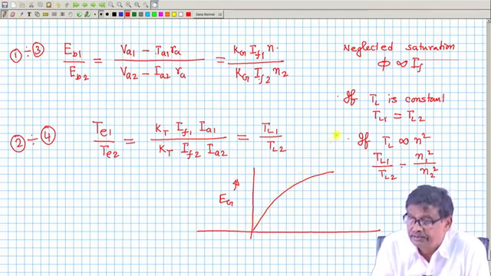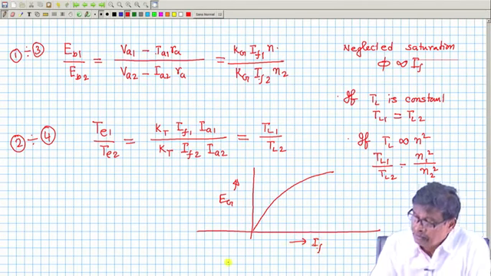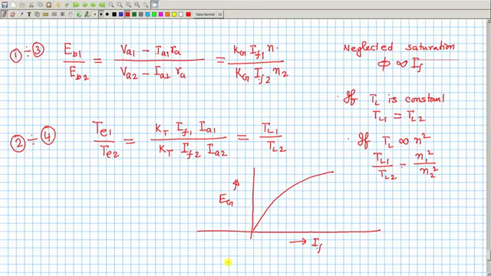It is not straight, and this is your IF. If it is not directly proportional to IF, then I must have this information to get the ratio of the back EMF. At this RPM, this was the field current. Then those EB1 and EB2 are to be used, because EB1 and EB2 are nothing but the generated voltage.